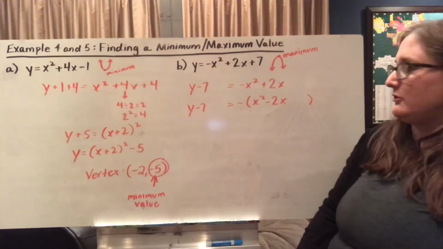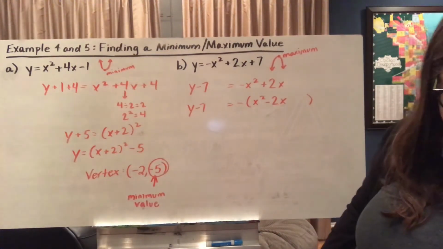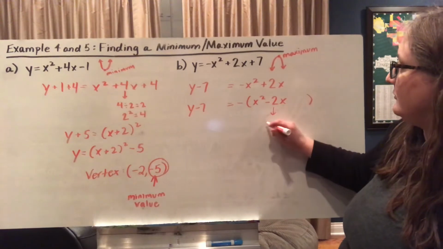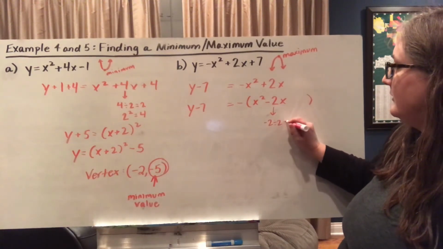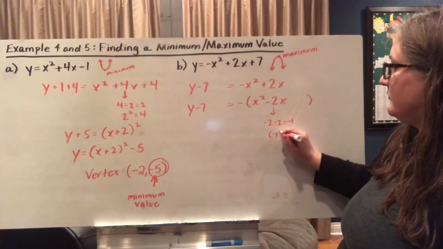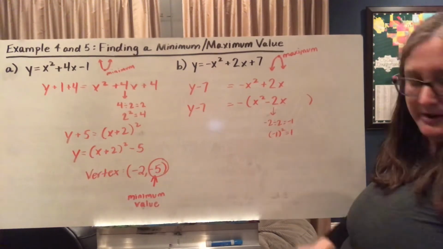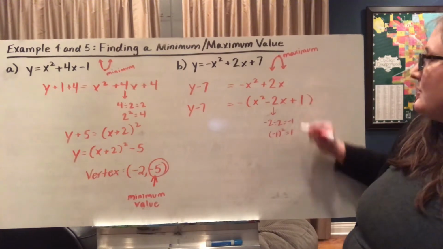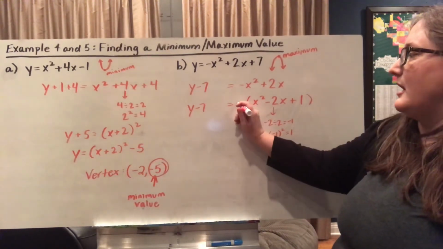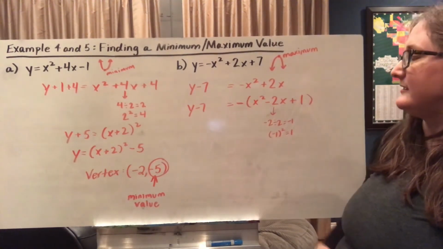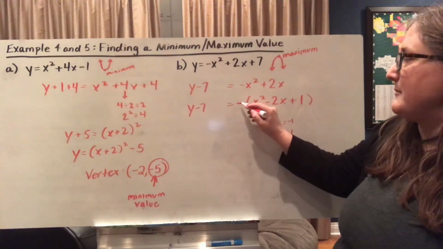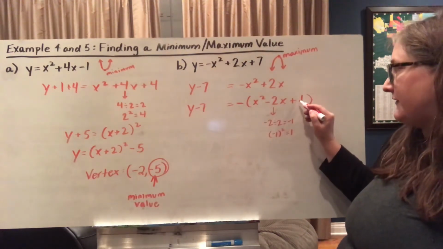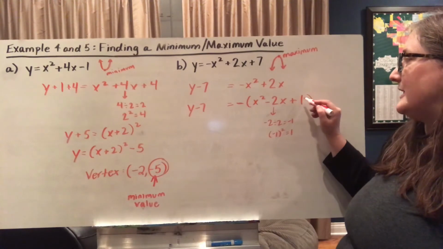So this one's going to be a little bit tricky. Our b value here is -2, so I want to do half of -2. I get -1, and -1 squared equals 1. So I'm going to be, in this case, adding 1, except remember I took out this negative. So if I distributed it back in, this would be a -1.